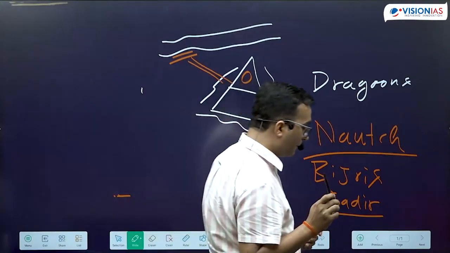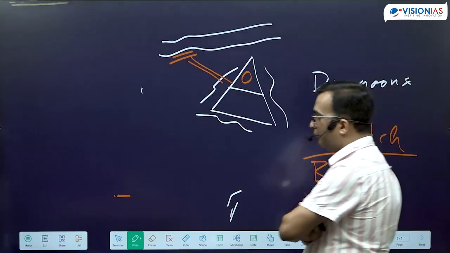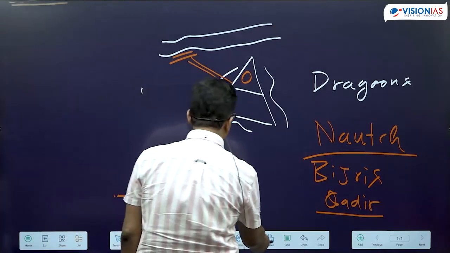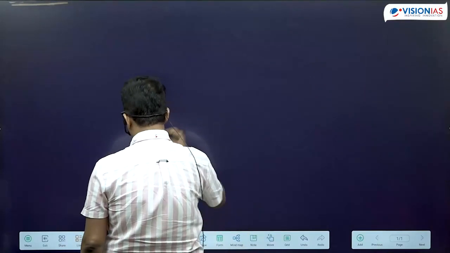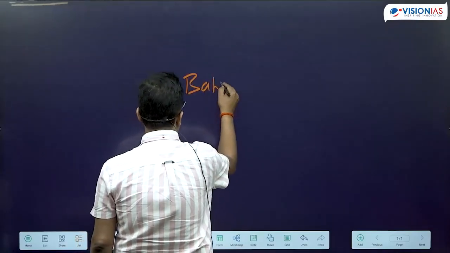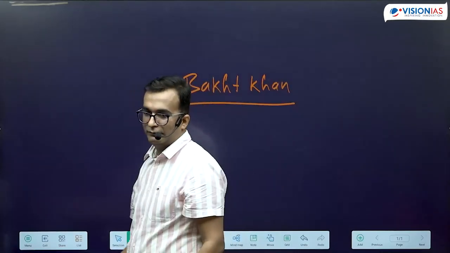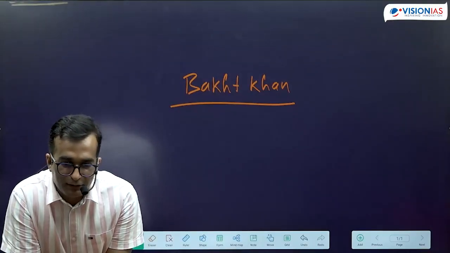So in Delhi, write: symbolic leadership was with Emperor Bahadur Shah, but real command was in the hand of General Bakht Khan.